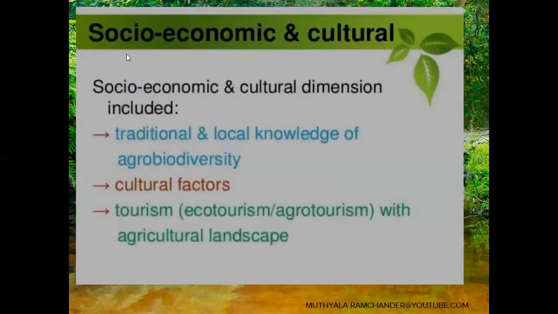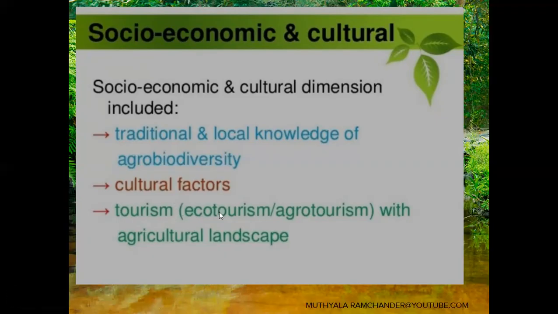The last one in the introduction of agrobiodiversity is socio-economic and cultural points. The socio-economic and cultural dimensions include traditional local knowledge of agrobiodiversity. Traditional crafts and local knowledge of crafts are mostly cultivated in different areas, called agrobiodiversity. Cultural factors are also related to agrobiodiversity.